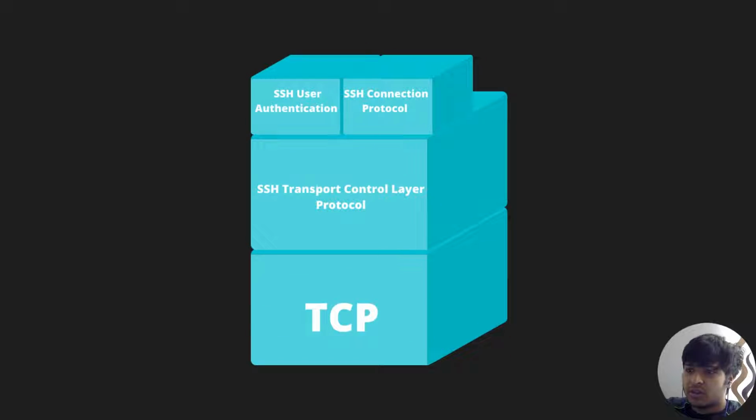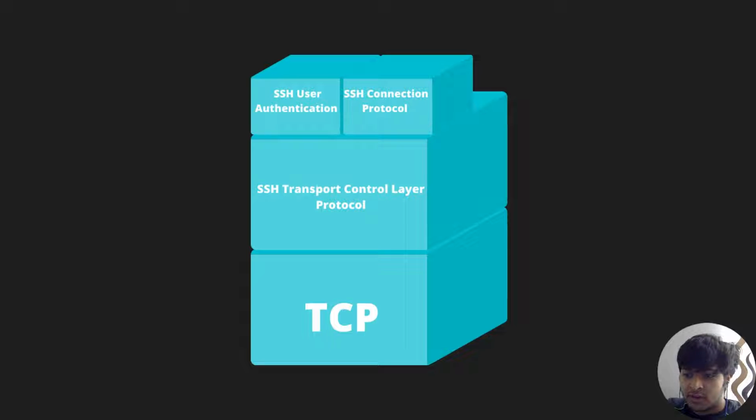SSH comprises three protocols that run on top of the TCP protocol. First, we have the transport layer protocol that provides server authentication and data confidentiality. The second is the user authentication protocol that authenticates users, and the third is the connection protocol that multiplexes multiple logical communication channels over a single SSH connection.